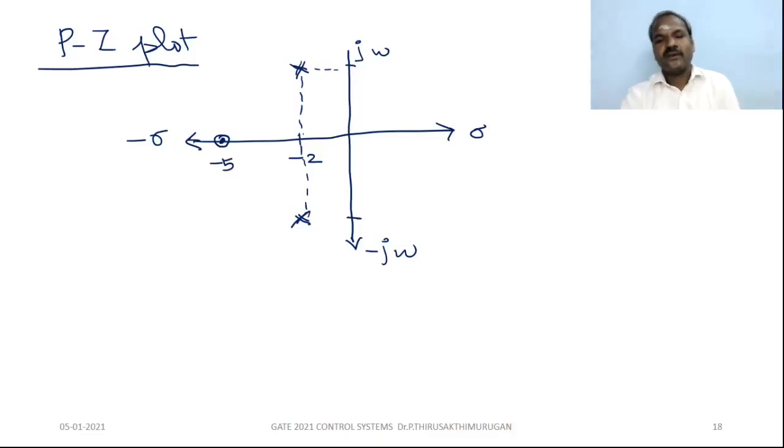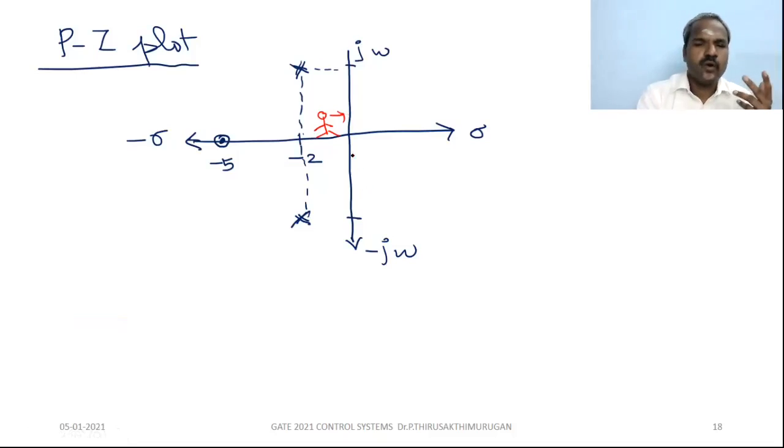What is the next step after drawing the pole-zero plot? Where are the branches possible on the real axis in the root locus? You stay here at -2 and look to the right side. How many total poles and zeros are there?